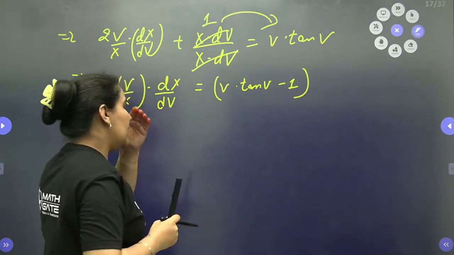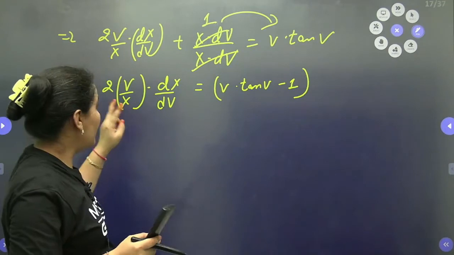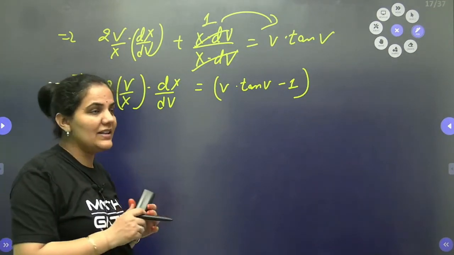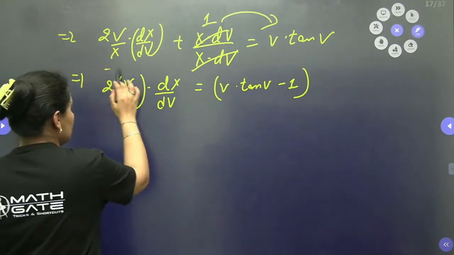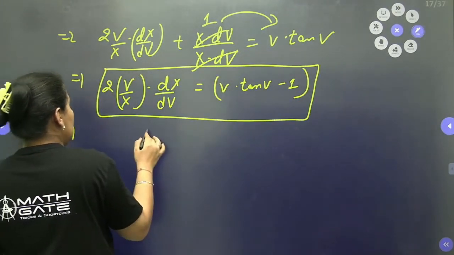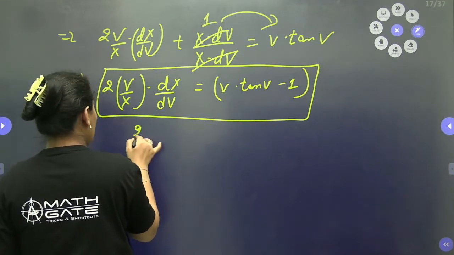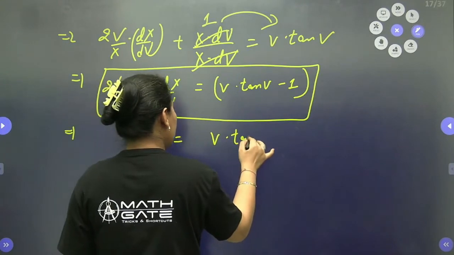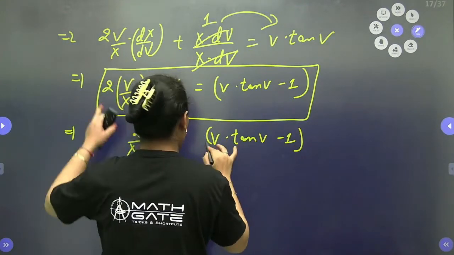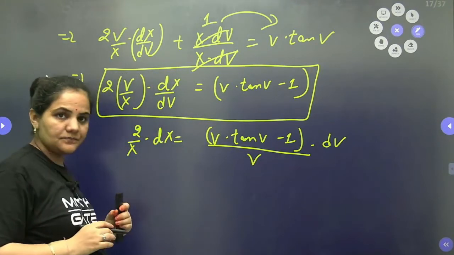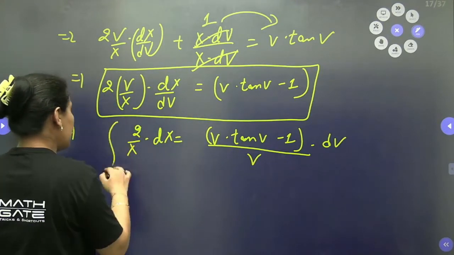Now we can see the equation has only two variables, v and x, right? Let's approach variable separation, so for this we have to separate the variables. It will be 2 by x dx, and here it will be v tan v minus 1 divided by v into dv. Now let's integrate both sides.